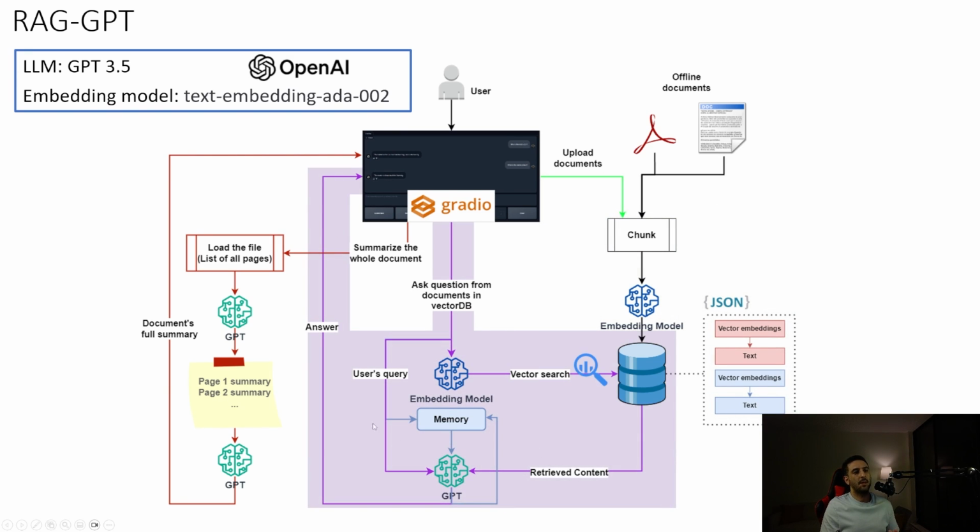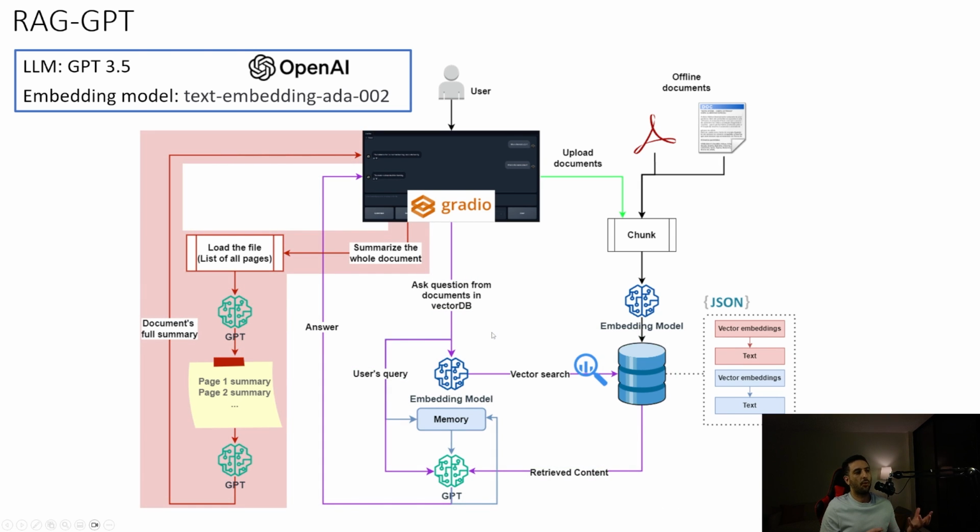The third step is chatting with the chatbot, searching our query over the vector database, retrieving the content, preparing the input for the GPT model, which contains the retrieved content, the memory, the user's query, along with the system role in order to get the answer. And finally, there was a fourth step that enabled us to summarize long PDF files.